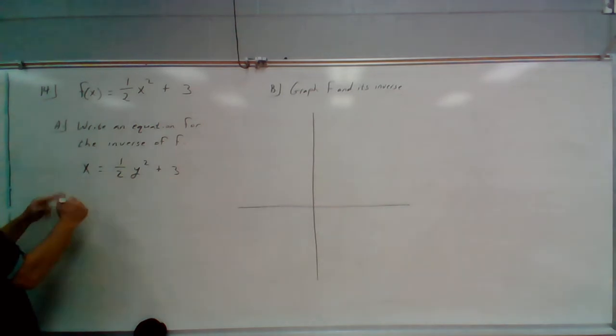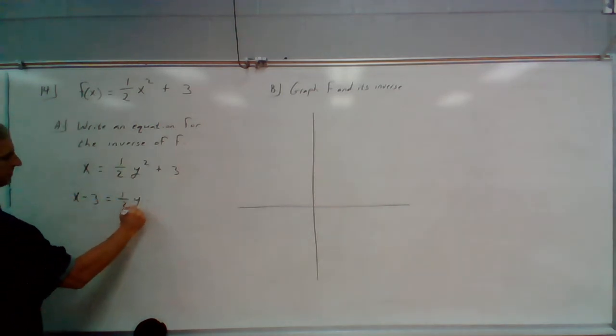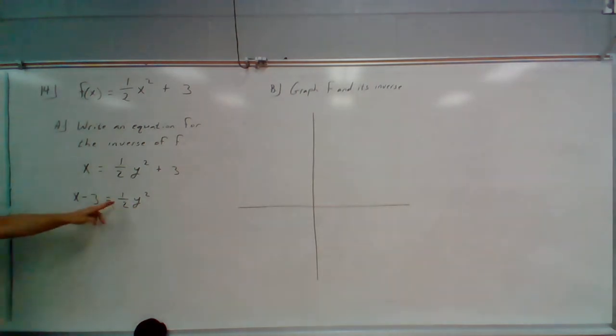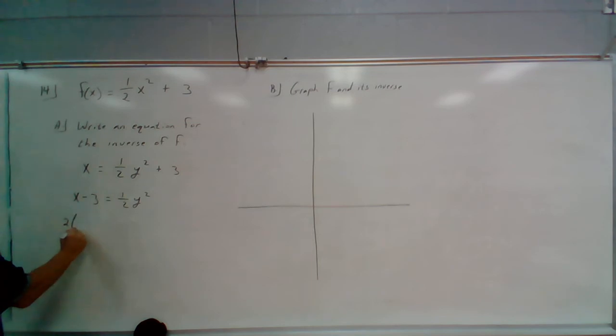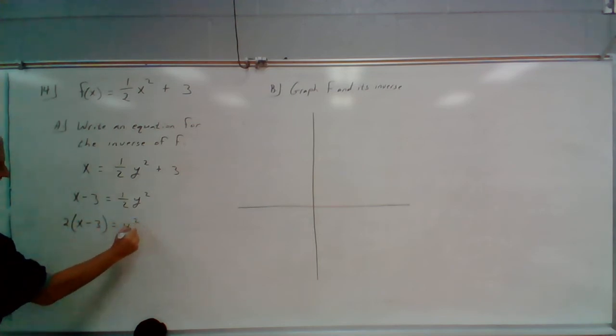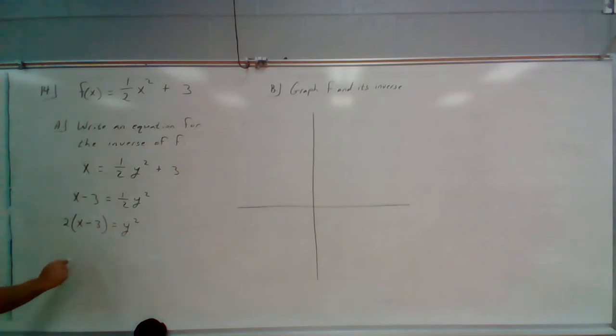So I'm going to subtract 3 from both sides: x minus 3 equals 1/2 y squared. To get rid of the 1/2, I'm going to multiply both sides by 2. So I'll have 2 times x minus 3 is equal to y squared. Take the square root of both sides.